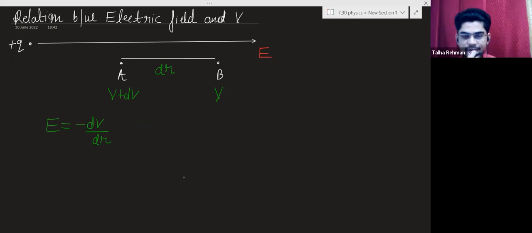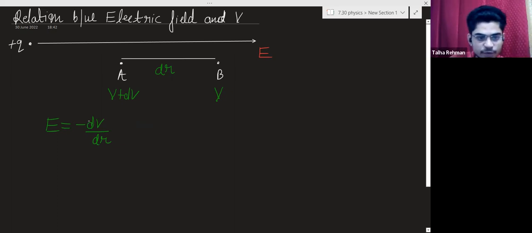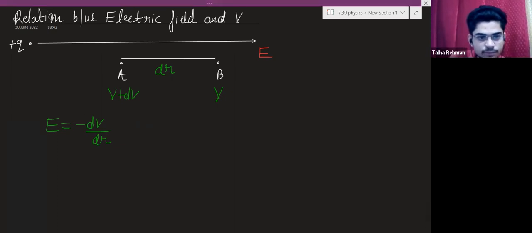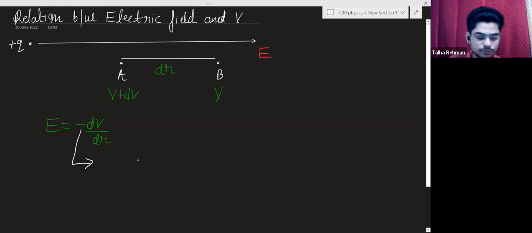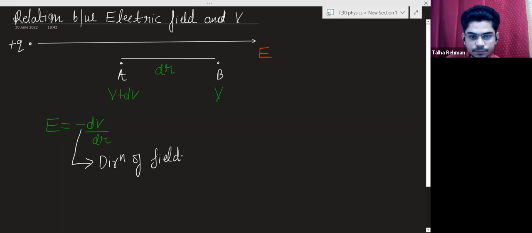Please remember one more point: this negative sign shows that the direction of electric field is from high to low potential.